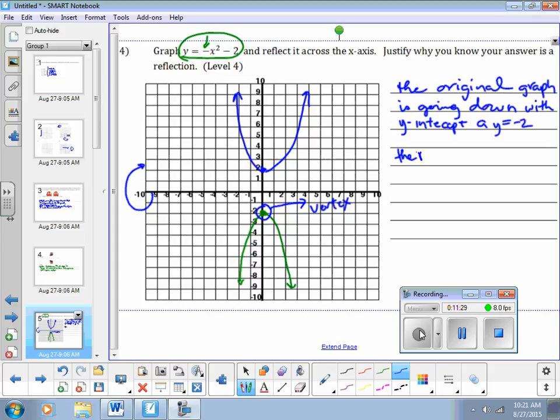The reflection on the x-axis should be vertical.